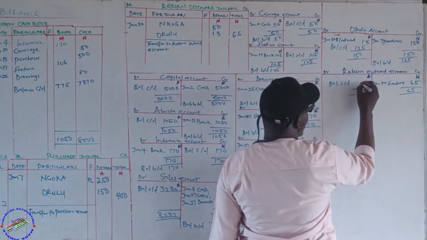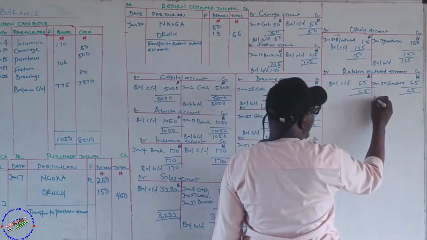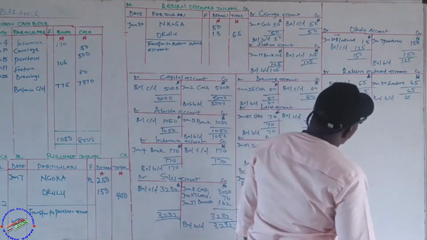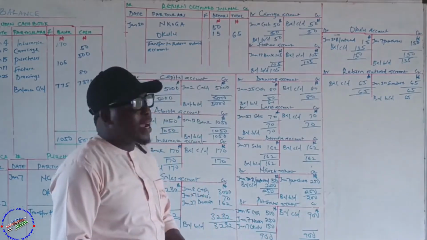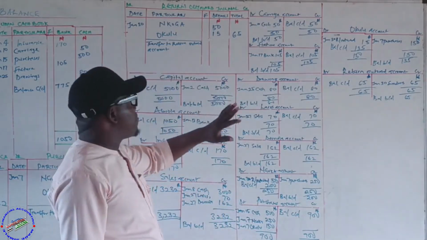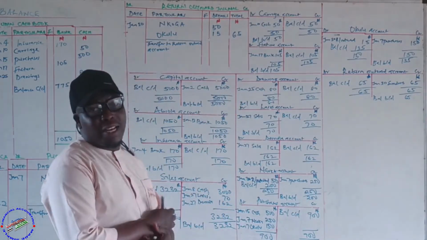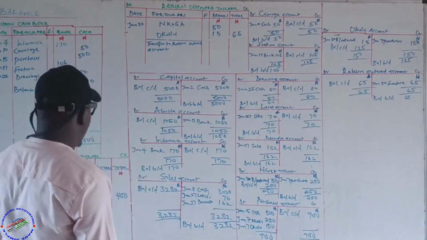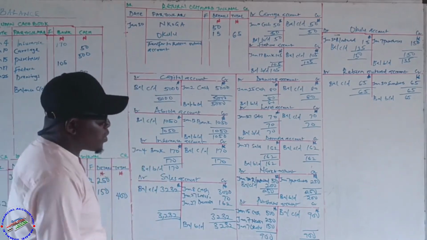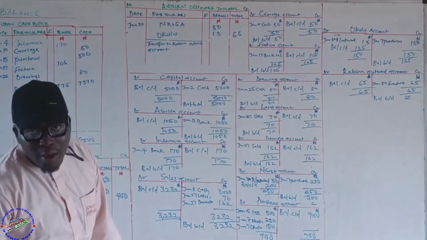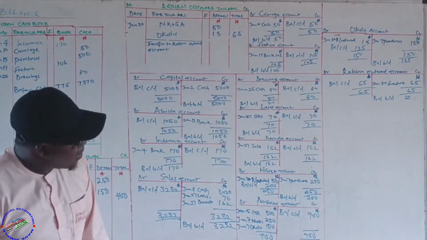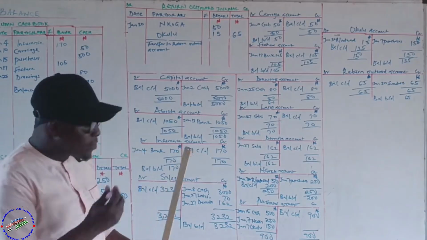Balance CD, 65. Balance BD, 65. So this brings us to the end of the balancing of the ledgers. The final one now is to prepare our trial balance. I'm preparing the trial balance on this end where I'll be drawing my table.